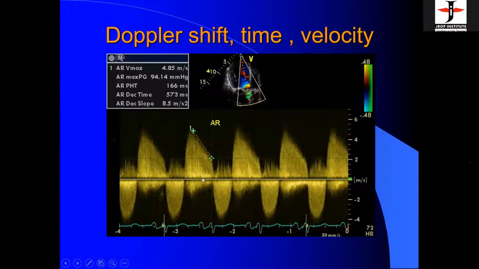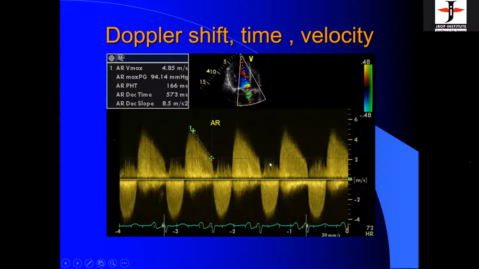But here you see, there is a flow in diastole above the baseline, which means that some blood from the aorta is going towards the transducer through the aortic valve, and the most common cause is aortic regurgitation.